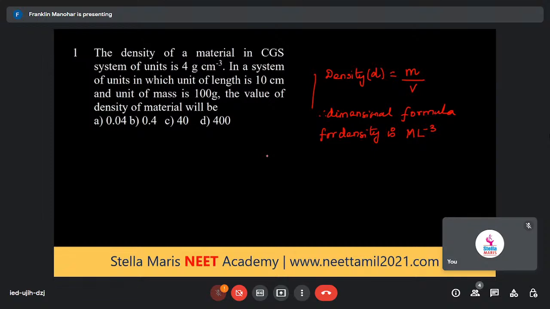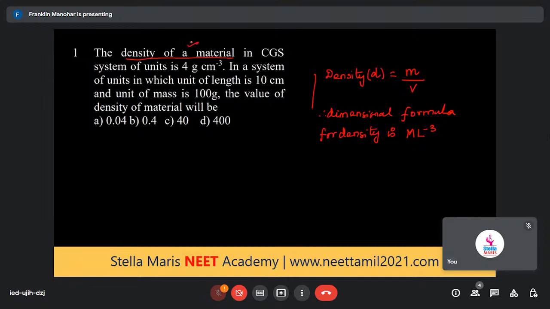Have you written the question? So what have they asked in the question? Density of a material. Any material has its own density.